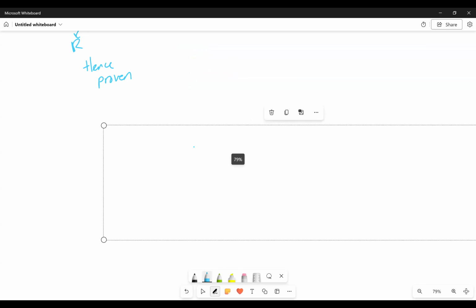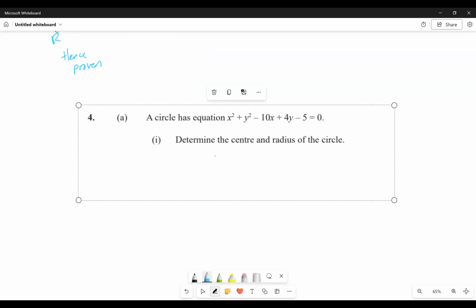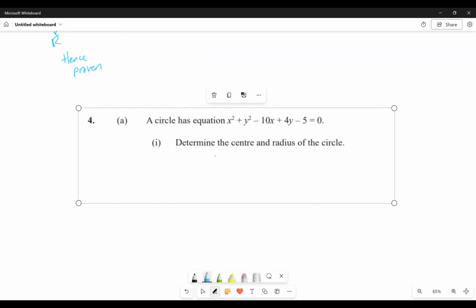So let me go to the whiteboard. Okay. So the question says, this is a circle, right? And they want the center and the radius for the circle. I would recommend, there's two ways to find it.